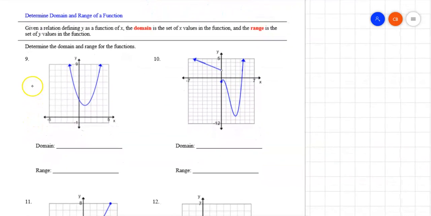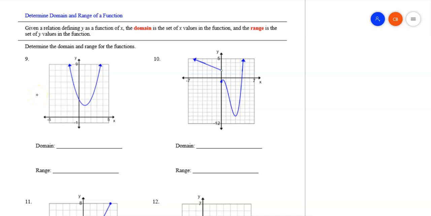Domain and range can be a little bit difficult if we are actually dealing with the equation. But whenever we have a picture, what we're looking for, remember, the domain is the set of x values, and the range is the set of y values. One of the things we have to pay attention to on these graphs is where the arrows are.